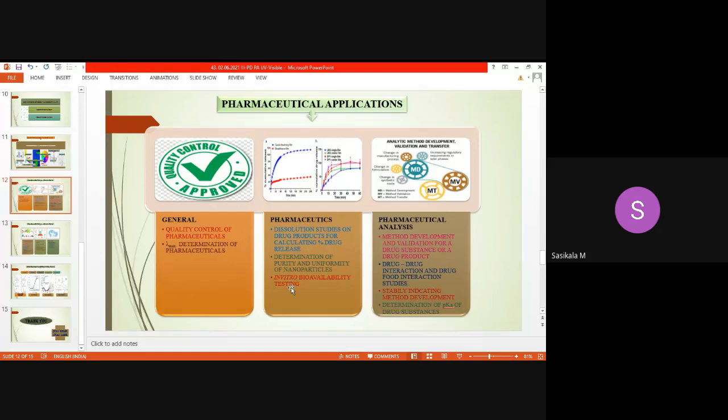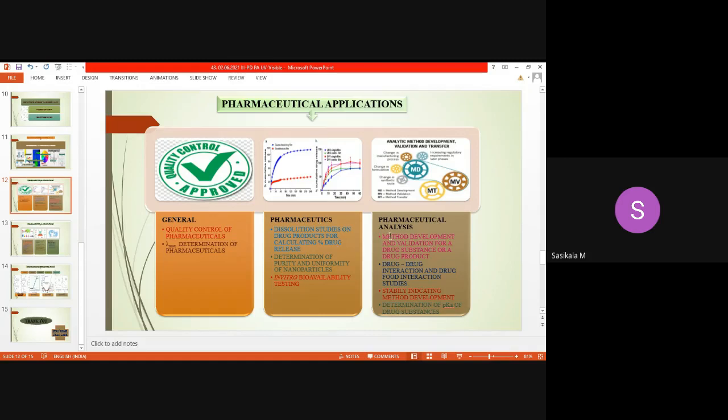So these are the purposes in the pharmaceutics department. Hope you will be performing this in the biopharmaceutics paper. Definitely you will be performing dissolution studies and taking the readings in UV visible spectroscopy. So you will understand the application of UV visible spectroscopy in the pharmaceutics department.